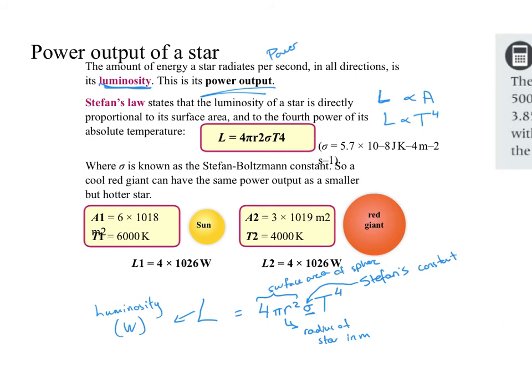The value given to you is 5.67 times 10 to the minus 8 watts per meter squared per Kelvin to the minus 4. And then you have the surface temperature of the star, in Kelvin.